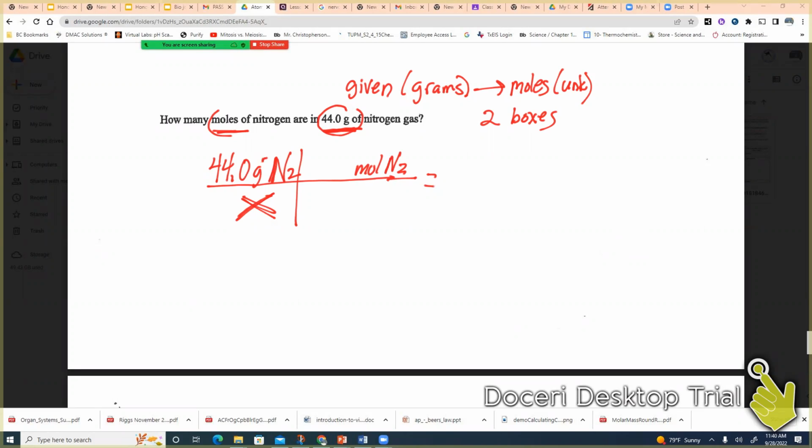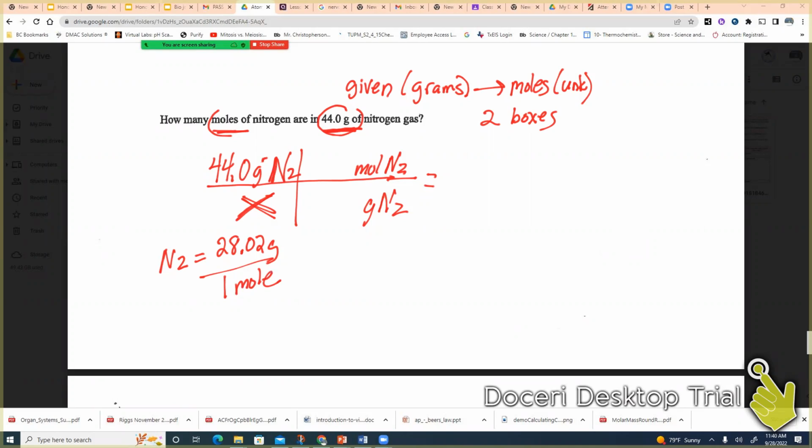If I'm grams here, I have to be grams down here, so it will cancel. So what molar mass am I using? Remember, it's diatomic. So instead of 14.01, what's it going to be? 28.02. If you have 2 of them, then it's 28.02 grams per 1 mole.